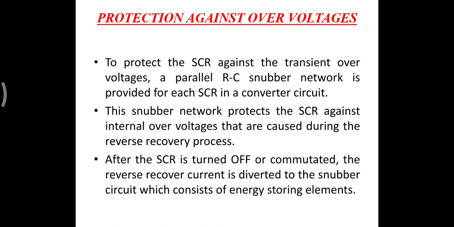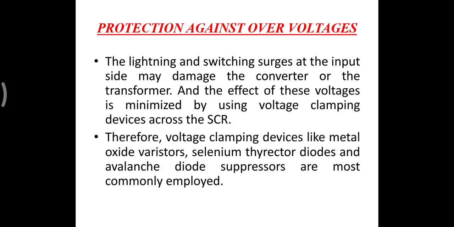This snubber circuit will provide protection against the transient over voltages, protection for the SCR from internal over voltages that are caused during the reverse recovery process, and protection for the SCR during the turn off process also.